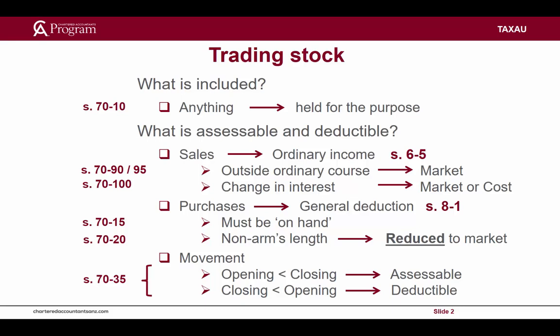When a taxpayer purchases trading stock, the purchase is included as an allowable deduction under section 8-1. However, it is important to note that the trading stock must be on hand under section 70-15 for the deduction to be available.